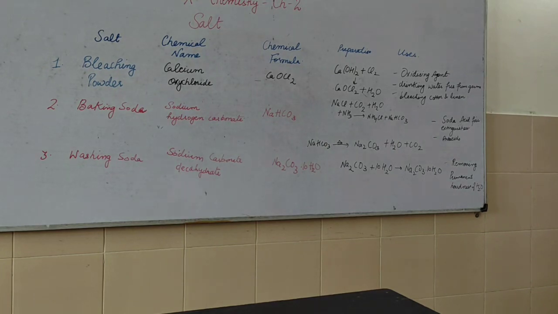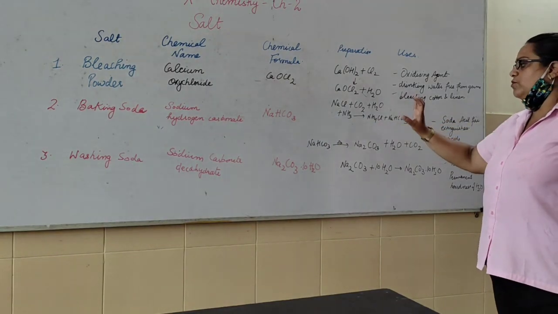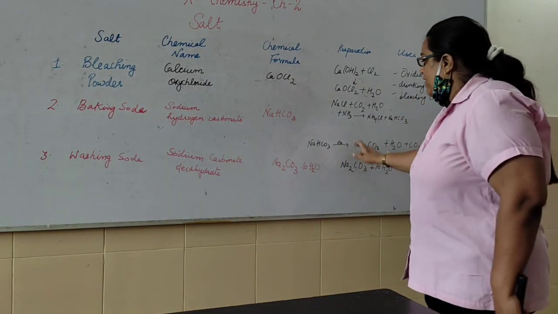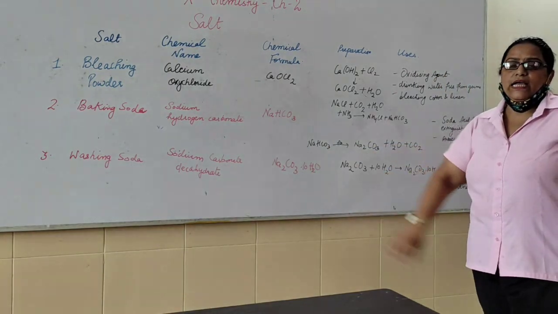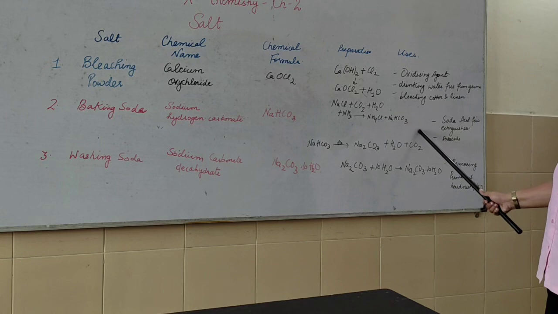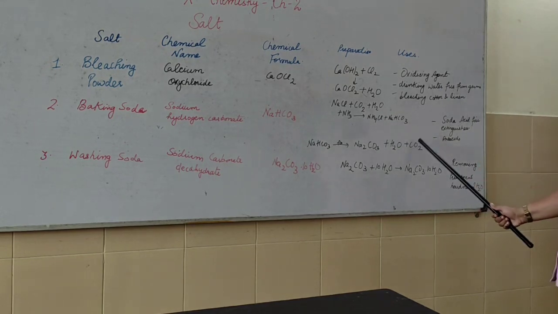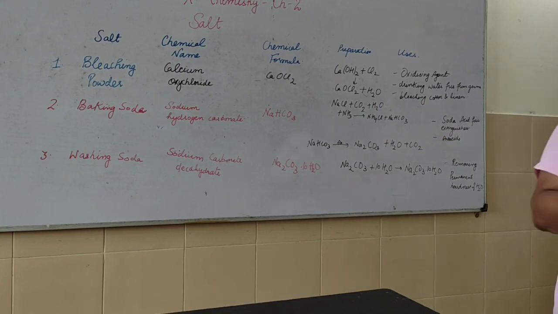Now, very important: what will happen when we heat baking soda? When we heat baking soda, it decomposes to form sodium carbonate, water and carbon dioxide. It is very important. This carbon dioxide is a raising agent.